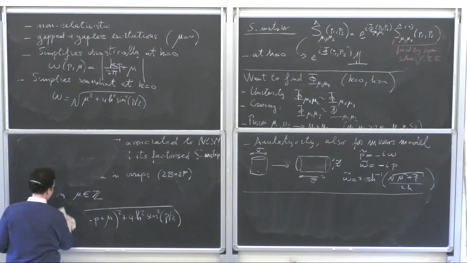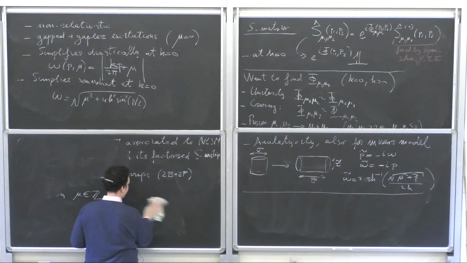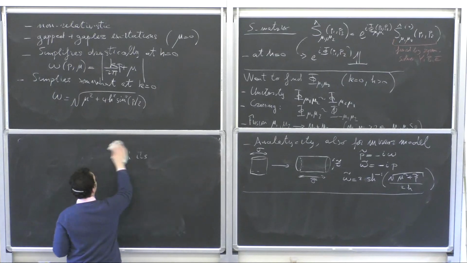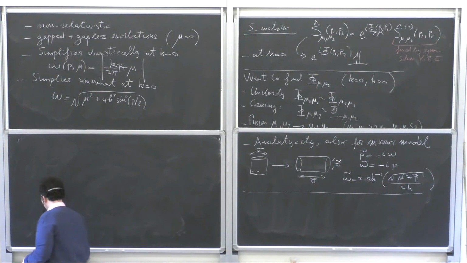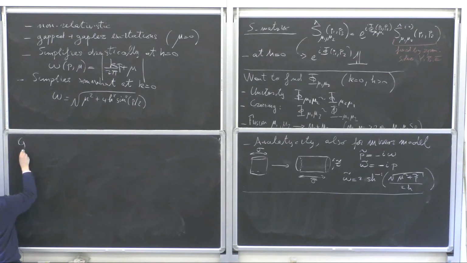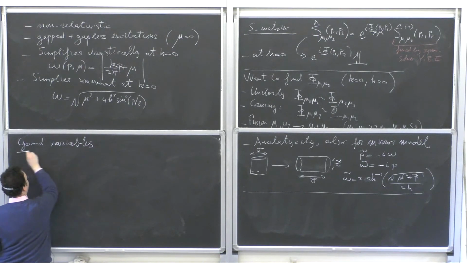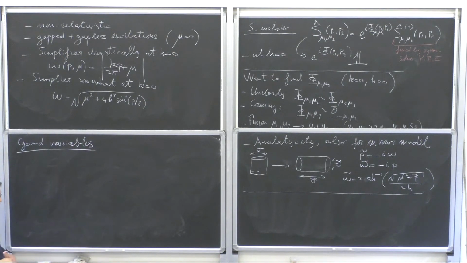So unfortunately, before I write the result, I need to spend 3 minutes telling you what are the good variables to express these results, precisely because this model is non-relativistic. Yes, sorry.